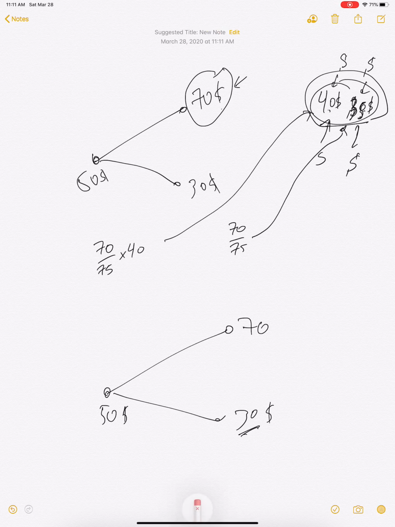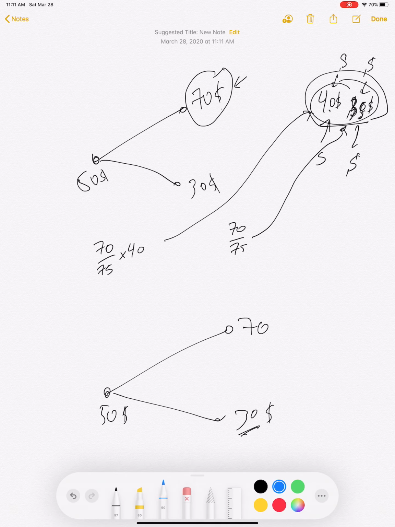So this is going to be, once again, 30 divided by 75 times 35 for this debt, and for the other debt, this is going to be 30 divided by 75 times 40.